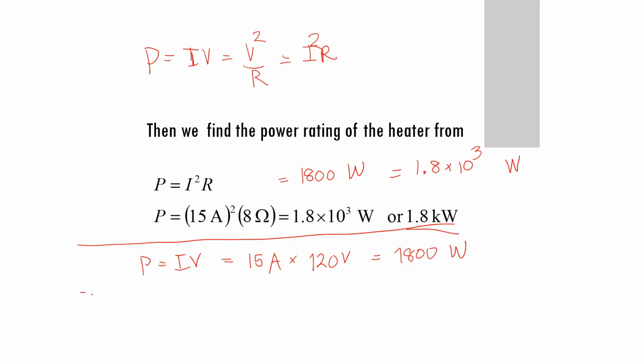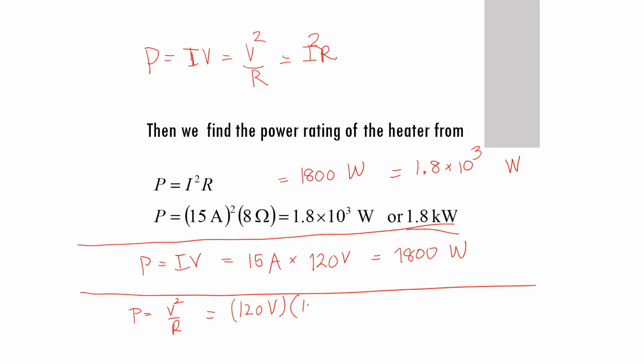We can also do P equals V squared divided by R. So V squared is 120 volt multiplied by 120 volt, divided by R, which is 8 ohm. And the answer is the same, 1800 watt, which is 1.8 kilowatt.